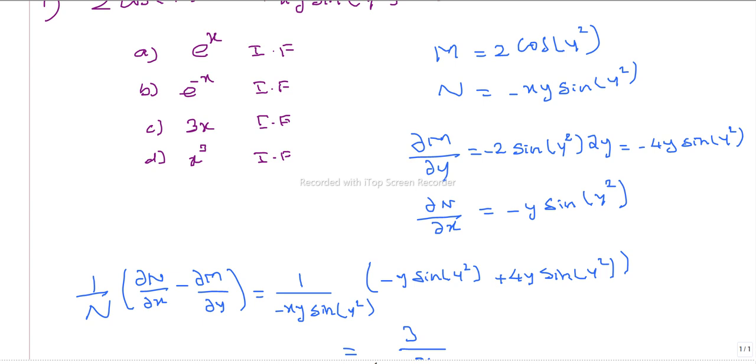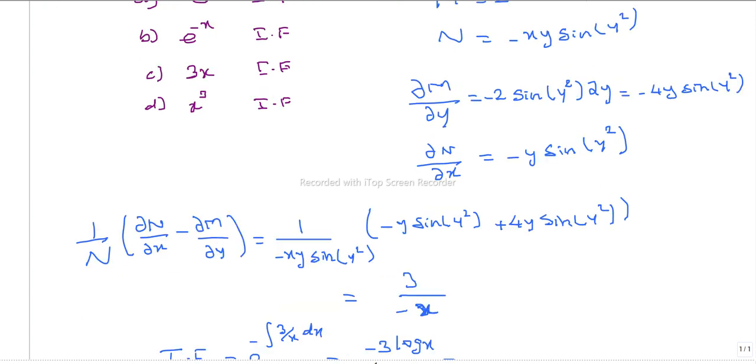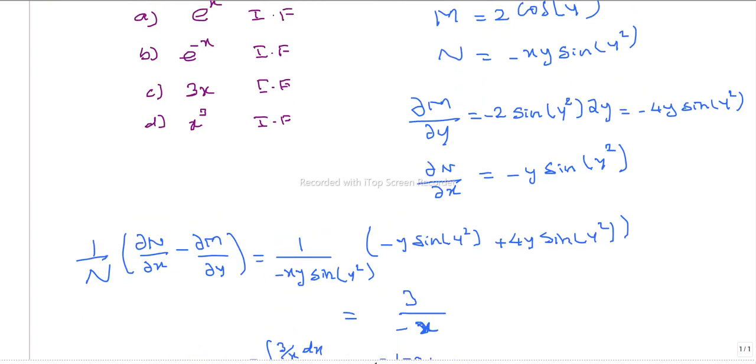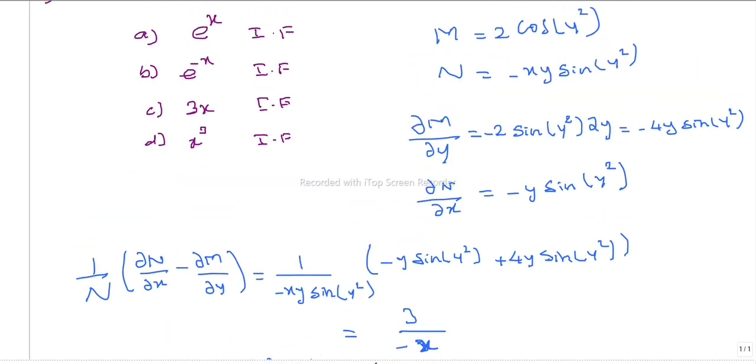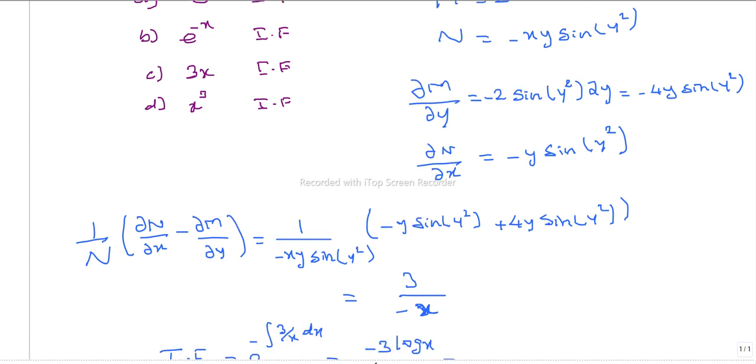It is 1 by N into dou N by dou x minus dou M by dou y? No, otherwise it will not cancel.